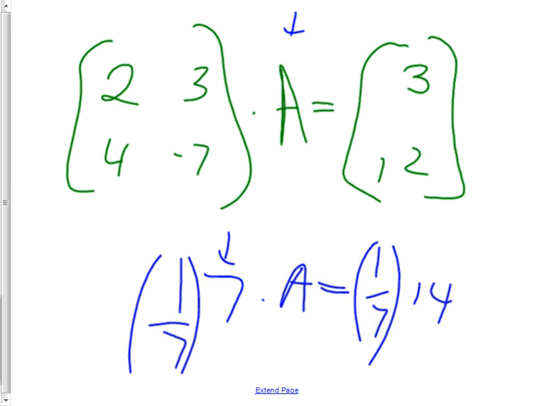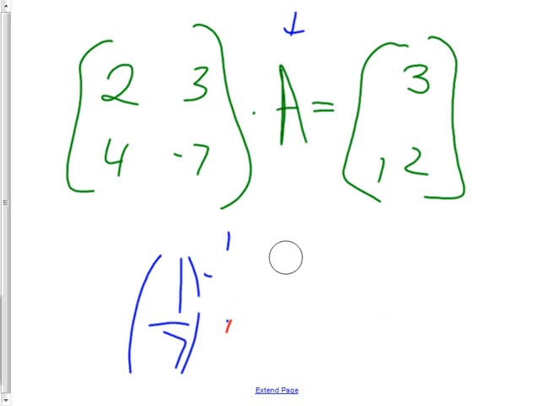Do you get what we did here? We had this original problem, which I'll make red now, and we multiplied by the inverse on both sides. So what we need to do on our green problem is to get rid of this.